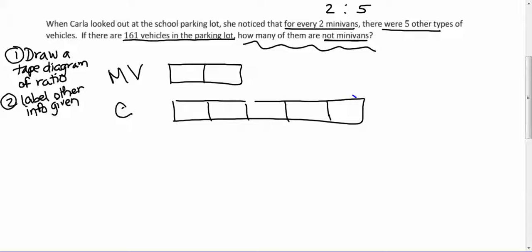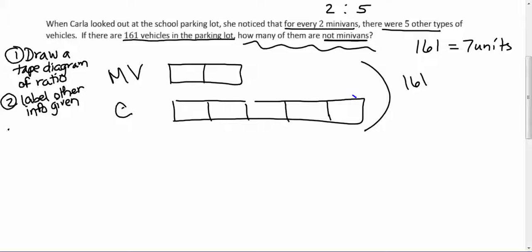They told us that it was 161 in all, so that includes both the minivans and the cars. And you'll notice that the minivans and the cars make up 7 total units, okay? So we know that there are 161 vehicles, and that equals 7 units. All right. So you've labeled the other information.